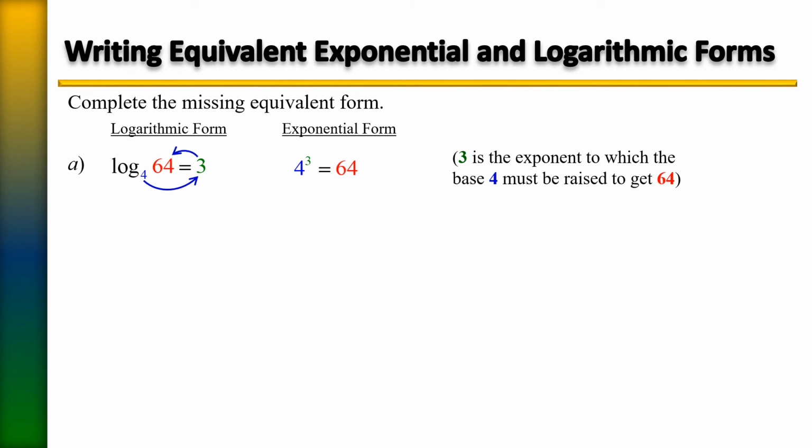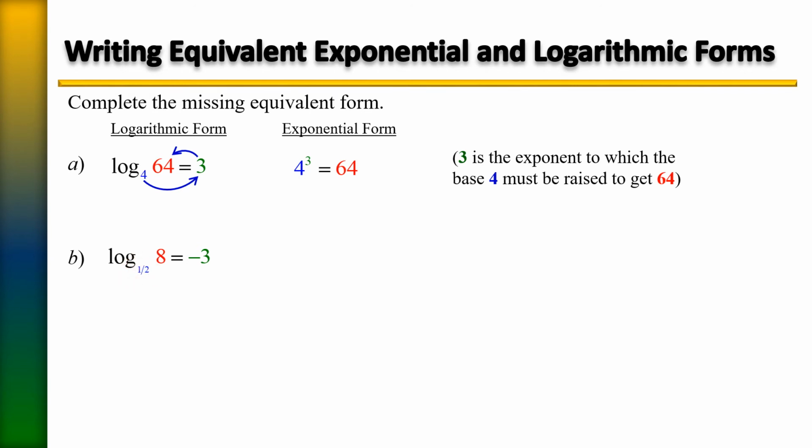Let's do another one. Here we're given an equation in logarithmic form, and we want to rewrite it in exponential form. So when you're given the equation in logarithmic form, we just simply take the base. So this is log base 1/2 of 8 equals -3. So our base is always here, so our base is 1/2.